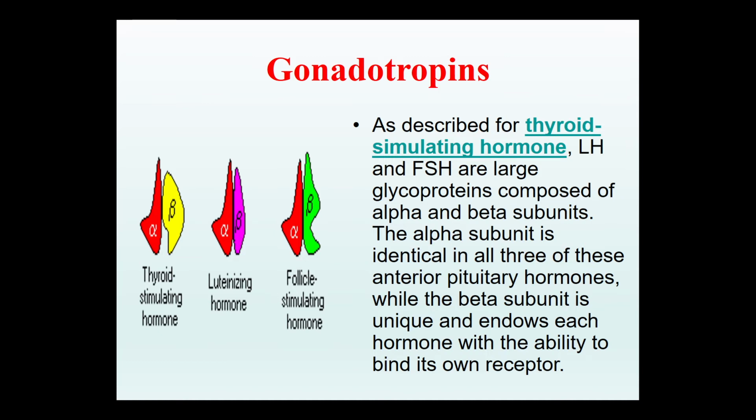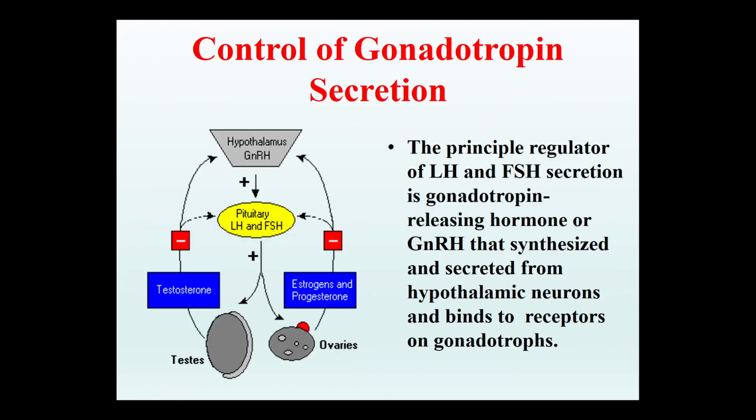The alpha subunit is identical in all these hormones, and the beta subunit is unique and endows each hormone with the ability to bind its own receptor and to show its own effect. Control of gonadotropin secretion is typical.